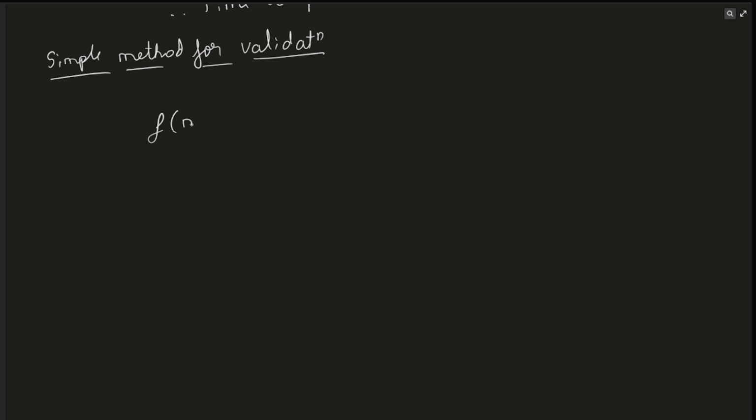We know f of n is 2n plus 3. We need to validate whether f of n is less than or equal to c into g of n.